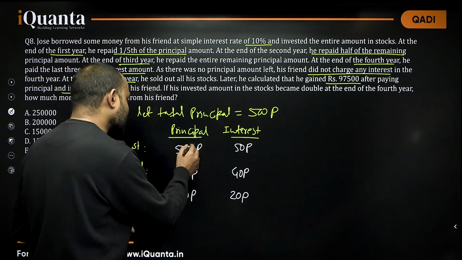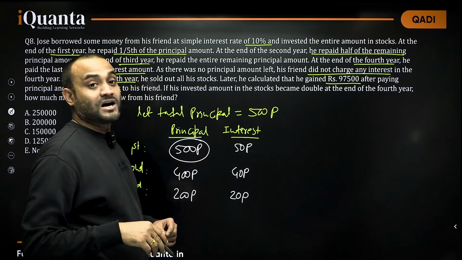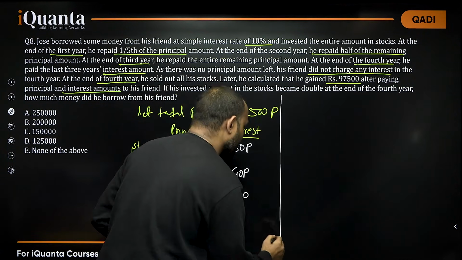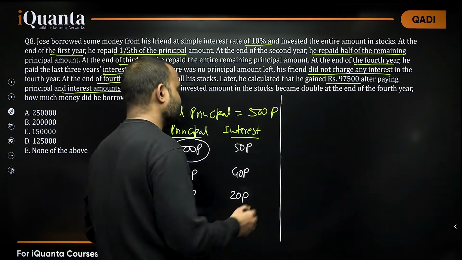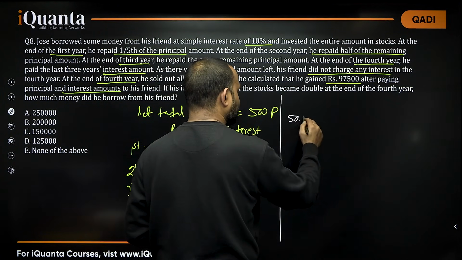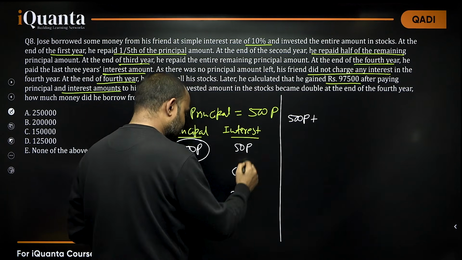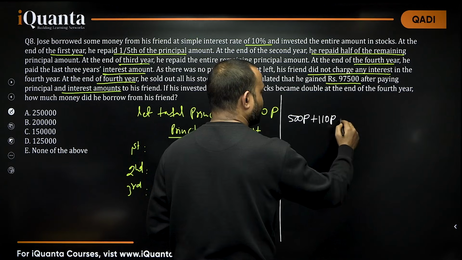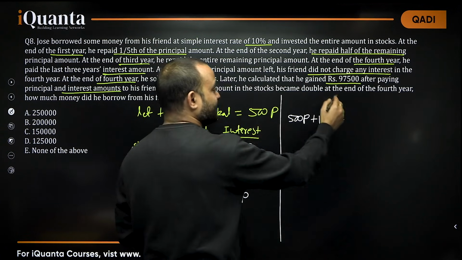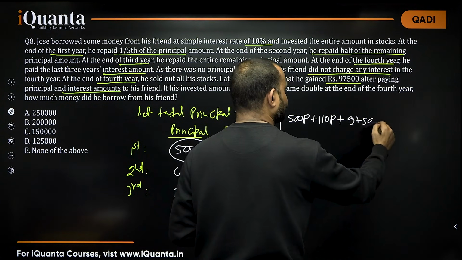Now initially it was 500P and the amount in stocks got doubled. What is the total amount that Jose paid? Total principal is 500P plus interest, which is 90 plus 20, 110P, plus what he saved, 97,500.